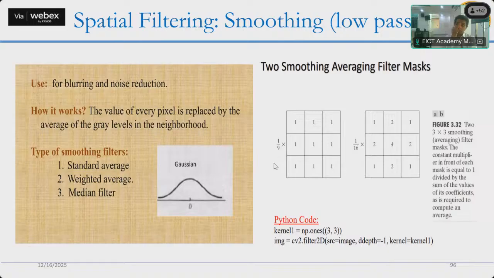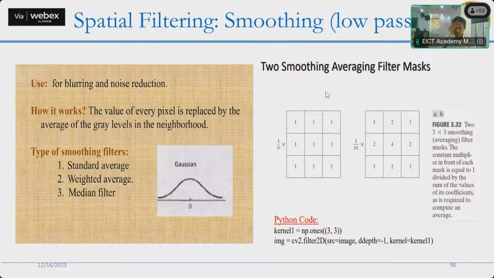So now, convolution and correlation are basically the operations which help in the different types of spatial filter. What we are seeing here is spatial filtering, that is smoothing, for blurring and noise reduction.